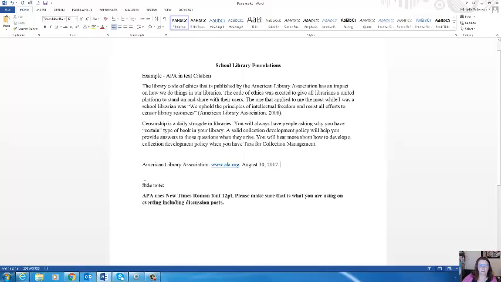As a quick side note, all APA uses Times New Roman font, 12 point. So please make sure that everything you turn in uses Times New Roman, 12 point, and that includes your discussion posts.